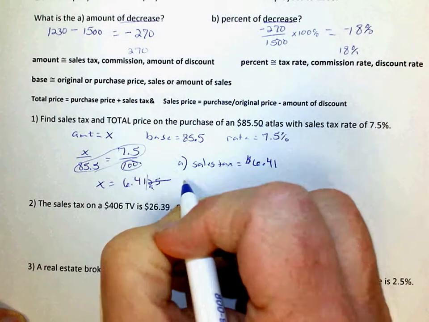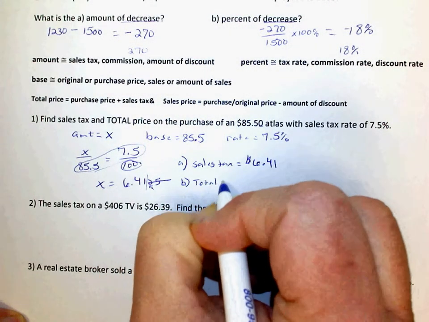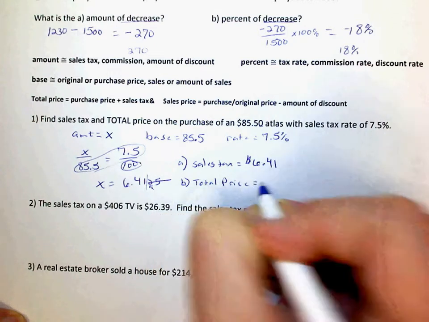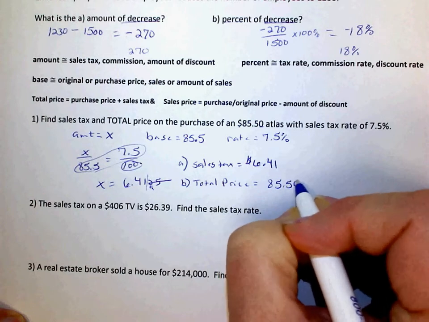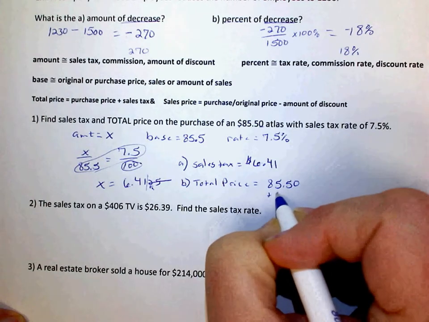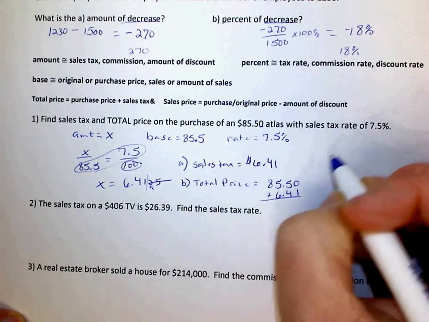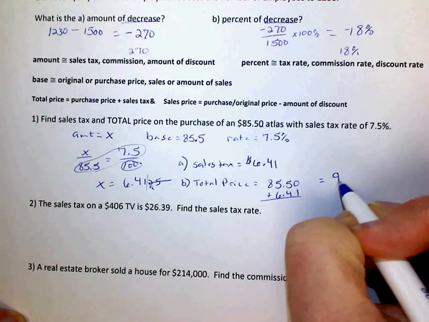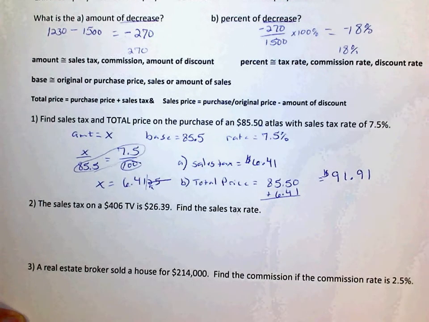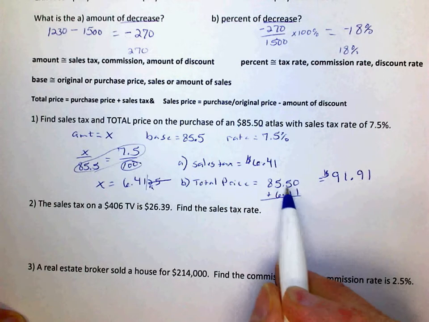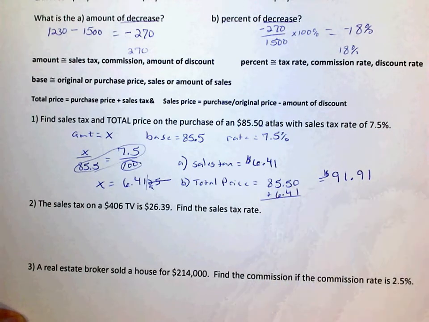Now, part B, our total price is our 85.50 plus 6.41, which gives us 91.91. Because 1, 9, 11 carry 1, so that makes us 91.91.